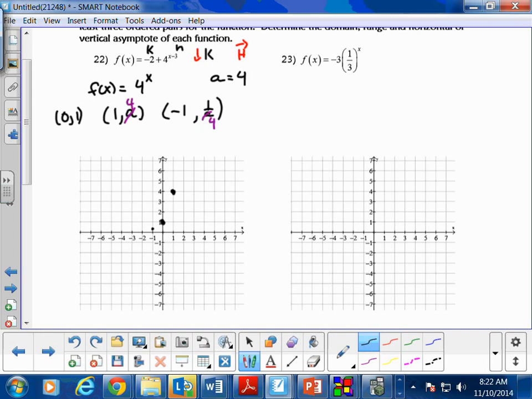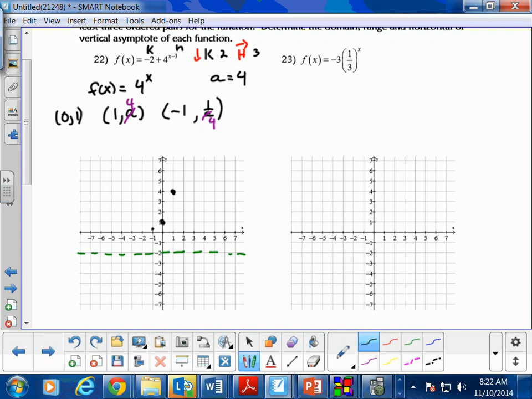So this is 2. This is 3. That means my horizontal asymptote, typically y equals 0, will be shifted down by 2, because remember, with exponentials you always have an asymptote. So I have to shift that asymptote down. Now, each of these points is going to be moved down 2 and over 3.